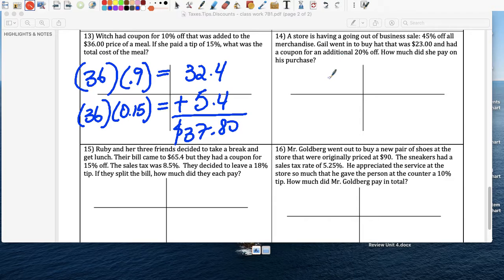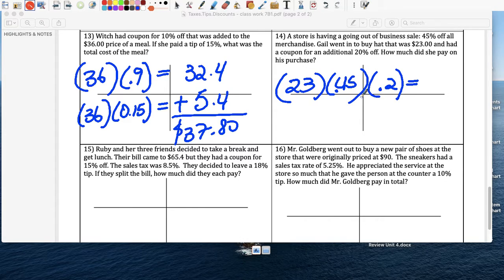Store's going out of business, 45% off on everything. She went in to buy something that was $23, and had an additional coupon of 20%. So $23, you take the first discount, which is 45% or 0.45. Then after that, you take a second discount, which is 0.2. And there's apparently no taxes again in this store.